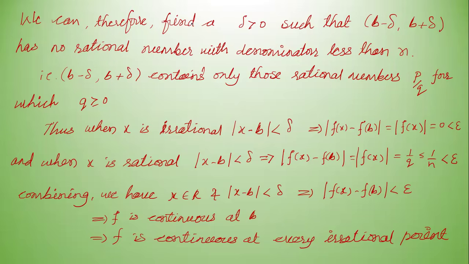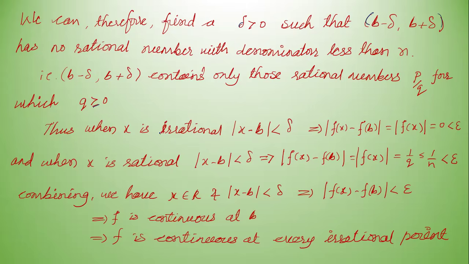We can therefore find a delta greater than 0 such that (b minus delta, b plus delta) has no rational number with a denominator less than this. That is, (b minus delta, b plus delta) contains only those rational numbers p by q for which q is greater than or equal to n.